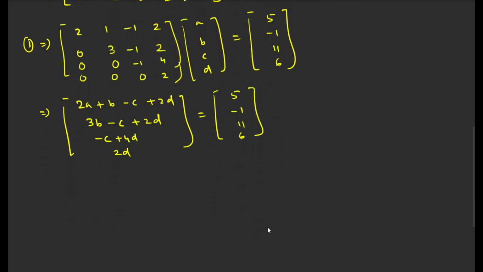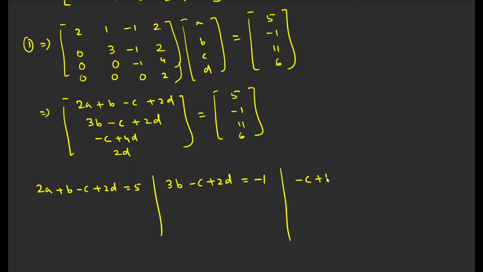So what we'll do now? We'll compare. So 2A plus B minus C plus 2D equals 5, our first equation. 3B minus C plus 2D equals minus 1, second equation. Minus C plus 4D equals 11. And the last one is 2D equals 6. So from here we'll get D equal to 3.